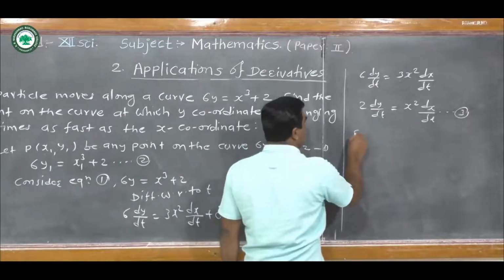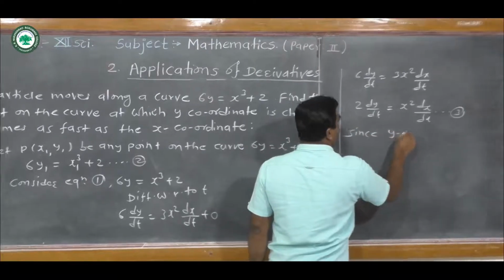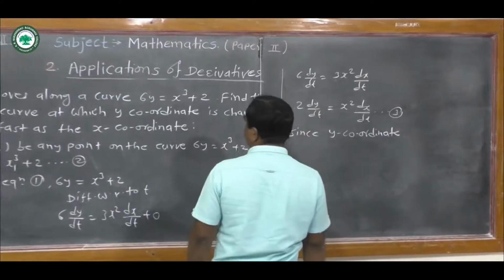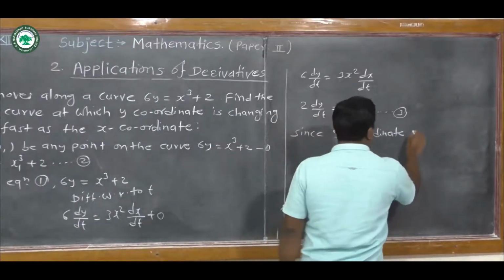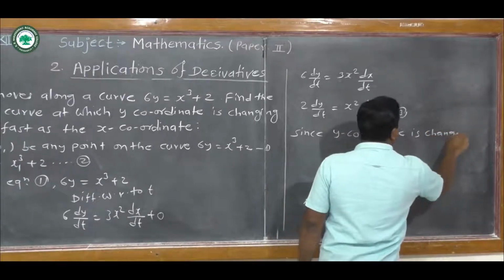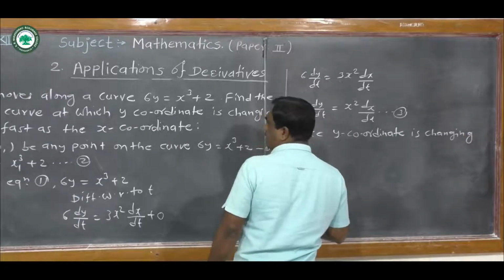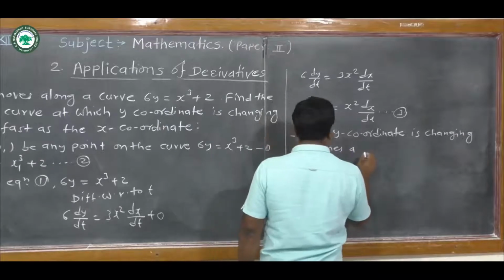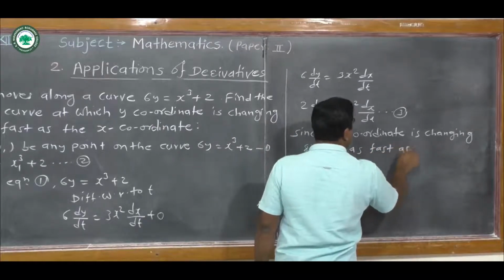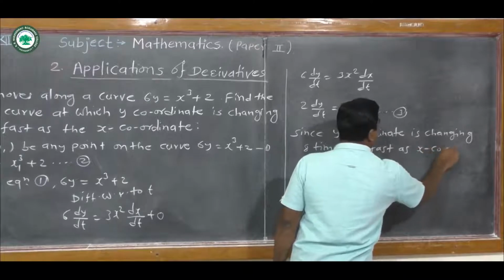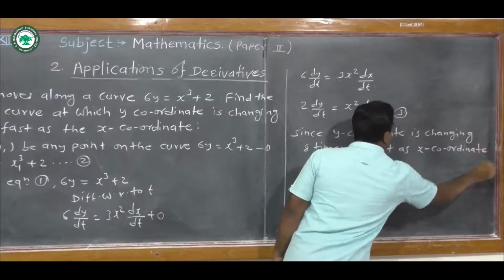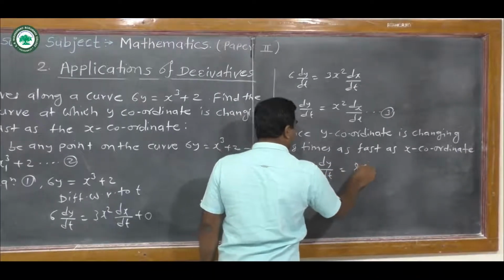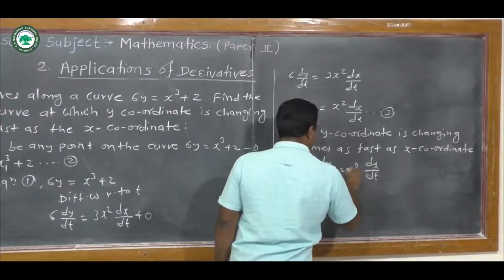Since the y coordinate is changing 8 times as fast as the x coordinate, that is, dy by dt is equal to 8 into dx by dt.